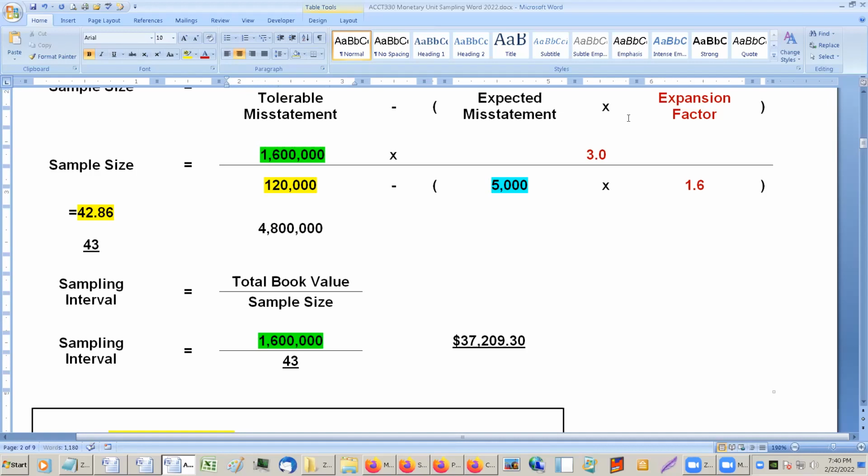And the bottom, 120 minus 5,000 times 1.6 comes out to be 8,000. So 120 minus 8,000 is that. Okay, I see what I did there. I multiplied the 120,000 by 8 million? Oh, okay. Yeah, I multiplied instead of subtracted.